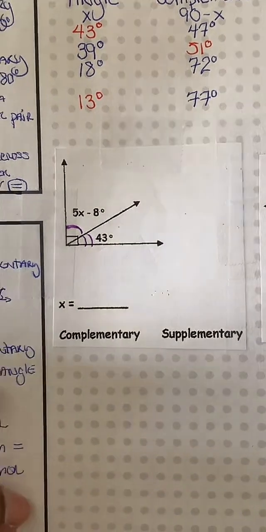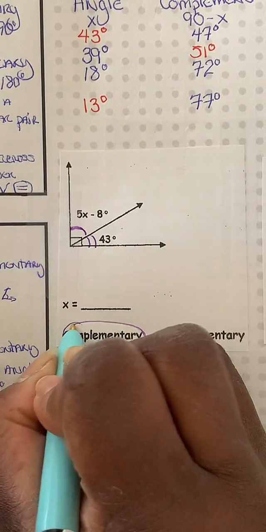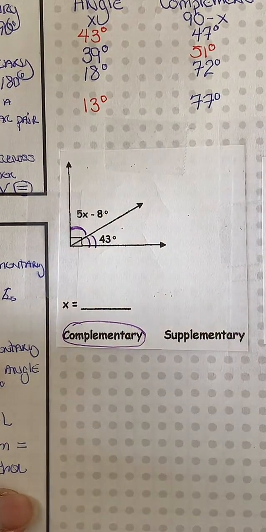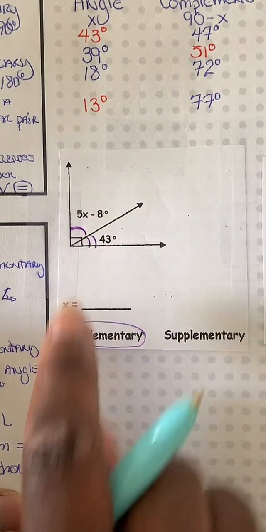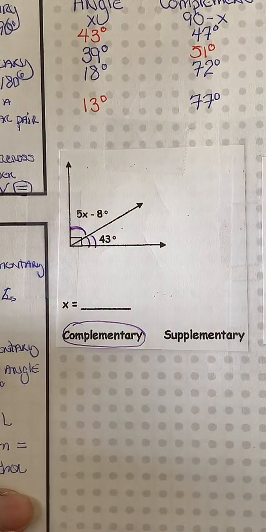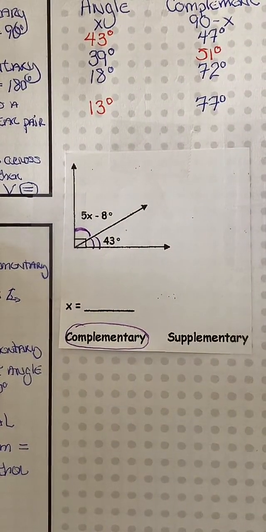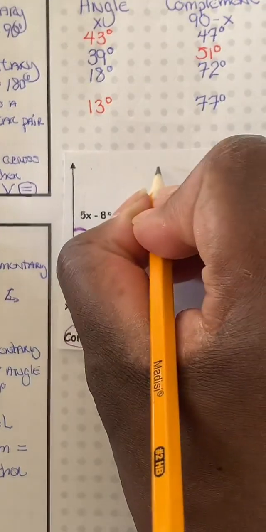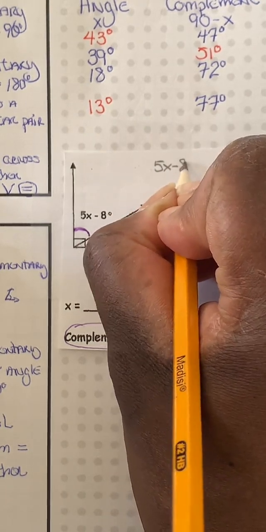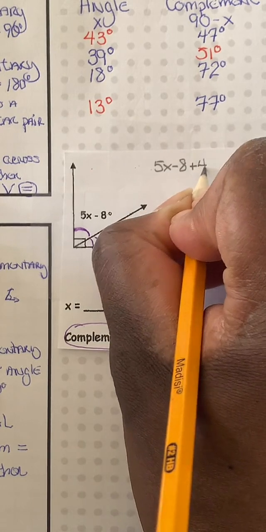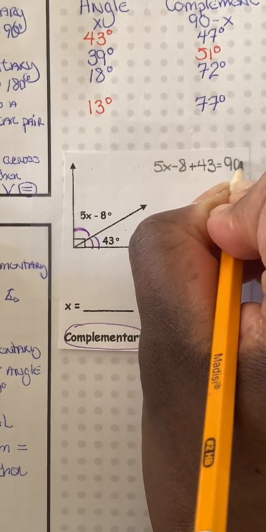Okay. So anytime it gives me 90 degrees, it is complementary. So that means if I add these two angles up, it's going to equal 90 degrees. So let me do that. We have 5x minus 8 plus 43 equals 90.